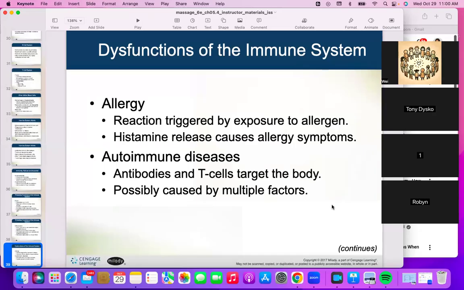So no one knows actually what causes immune system issues, but some believe it's hereditary, virus, certain drugs, maybe emotional, in my opinion, sometimes, but it's not written here, so I'm letting you know it's my opinion.